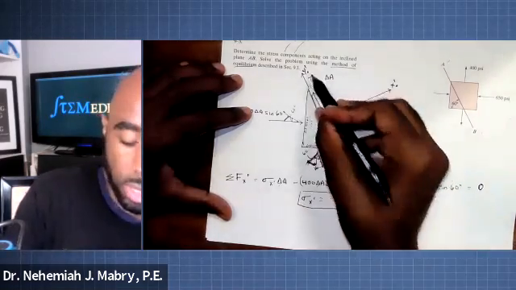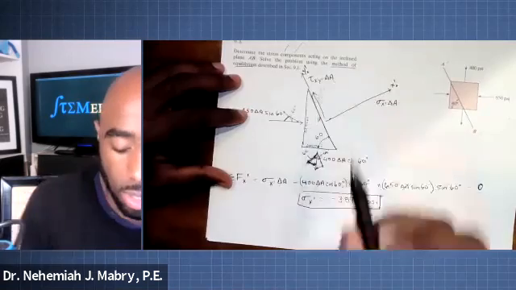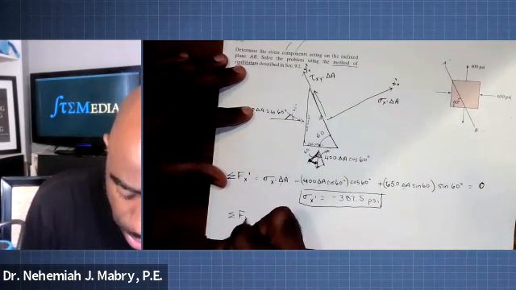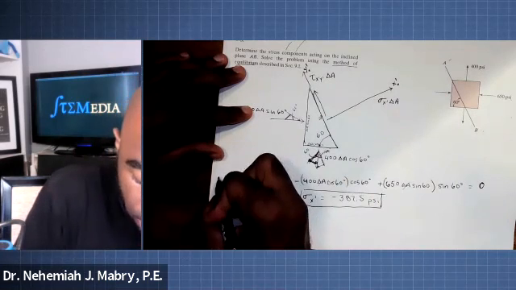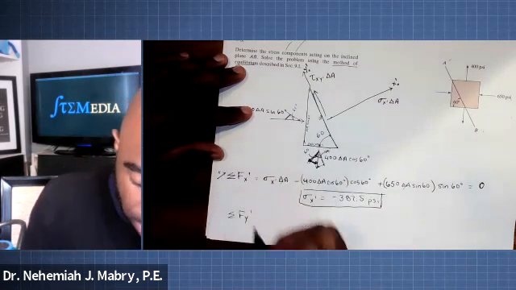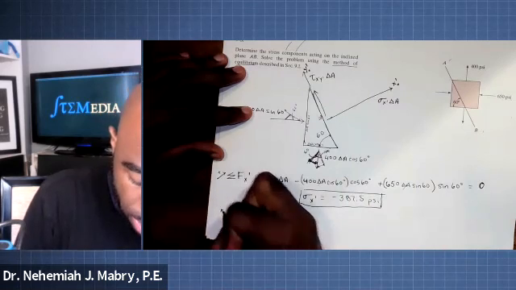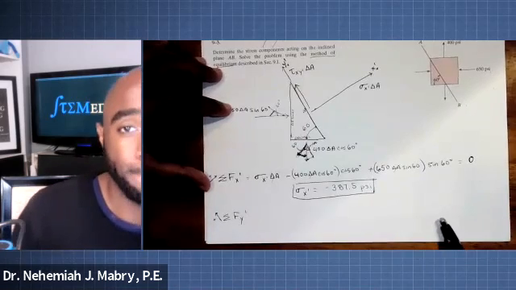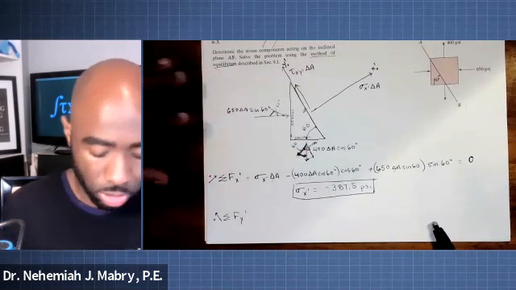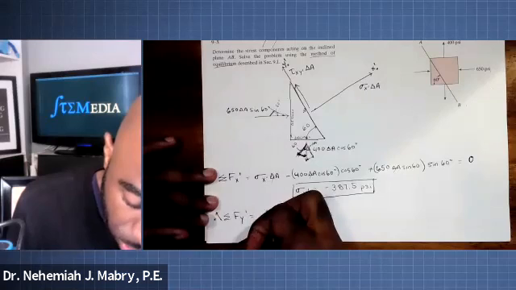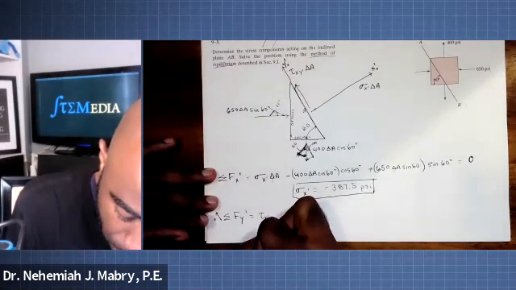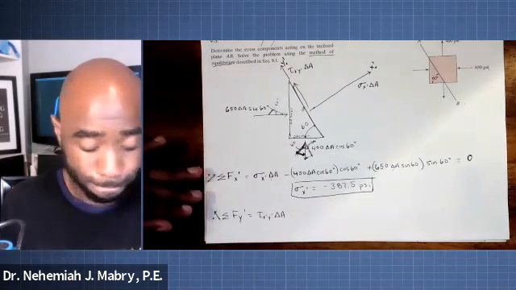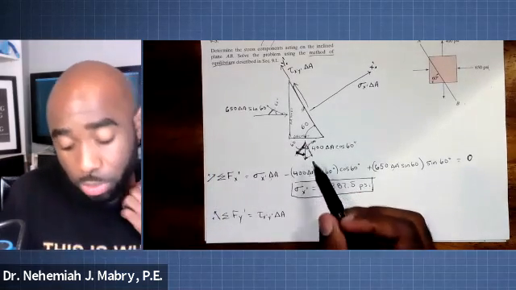Now let's sum the forces in the y prime direction in order to solve for tau sub x prime y prime. So sum the forces in the y prime direction, right? In this case, this was the positive, and this is the positive in this case. All right, so now let's sum it up. We're going to have, this is equal to tau sub x prime y prime delta A. Next, let's look at what this is attributing.